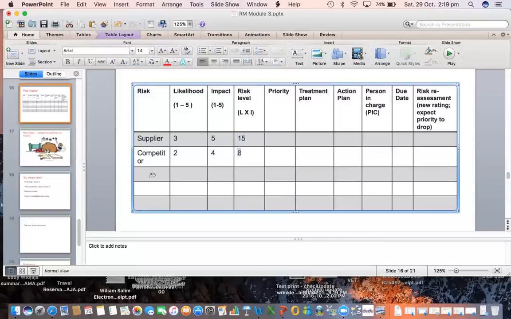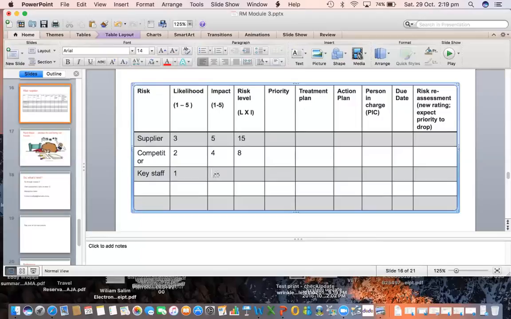Let's say we have another risk, to make it clearer: key staff resign. What's the likelihood? 1. We haven't heard anything. If that happens, what is the impact?